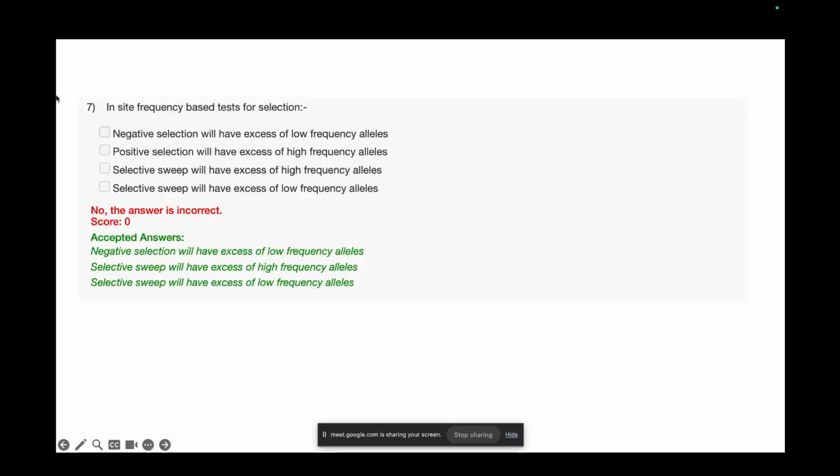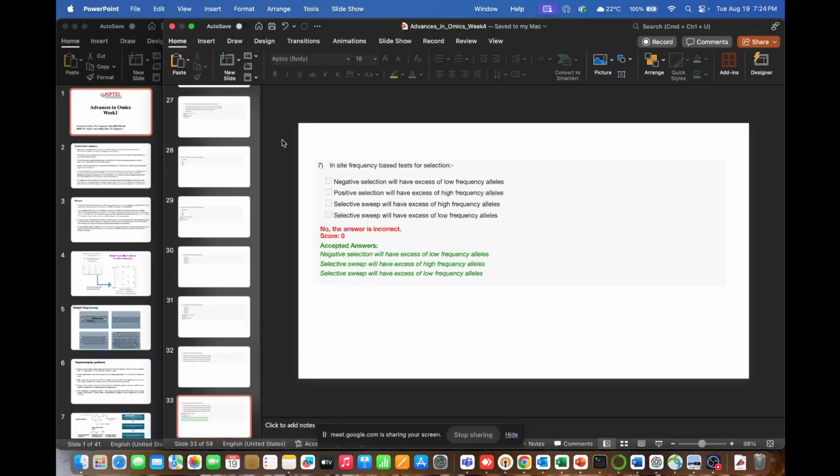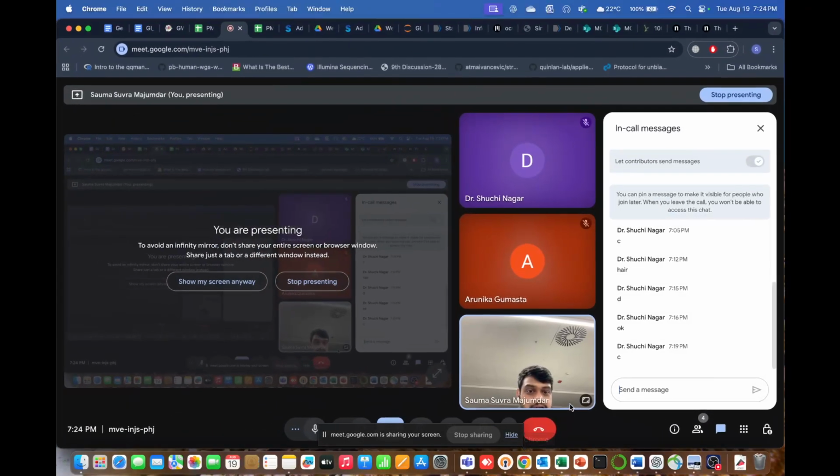So, except for the second option, the rest of them are correct. The last option is a little bit tricky in terms of understanding, but you should get the first and third option, right? The last option is also actually true. If you read about selective sweep, the low frequency alleles also get accumulated. So, apart from the second option, all the options are correct.